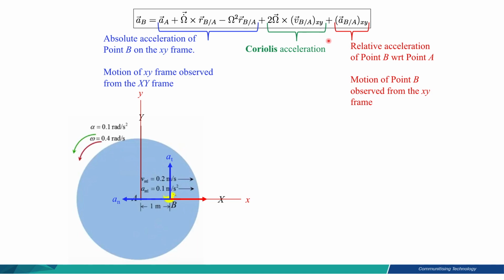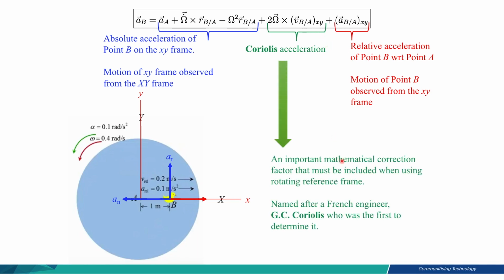The Coriolis acceleration is an important mathematical correction factor that must be included when performing calculations using a rotating reference frame, to correct the absolute acceleration that we are calculating due to this relative motion of the rotating axis.